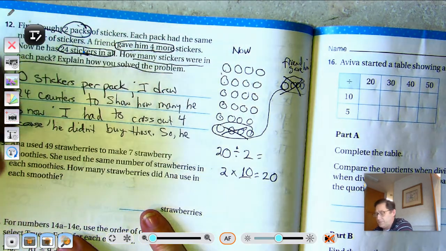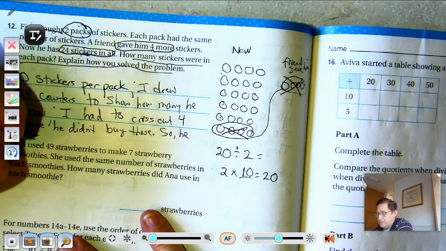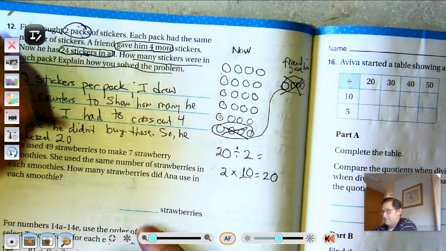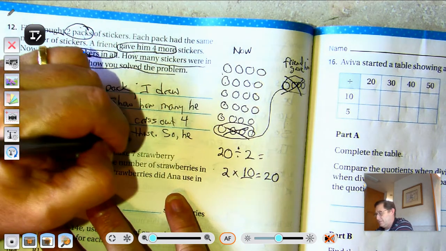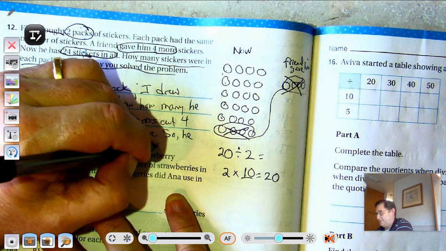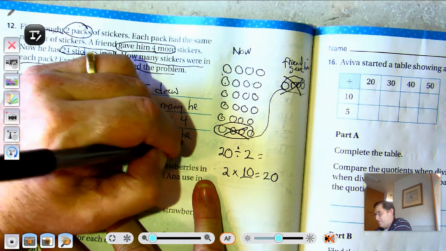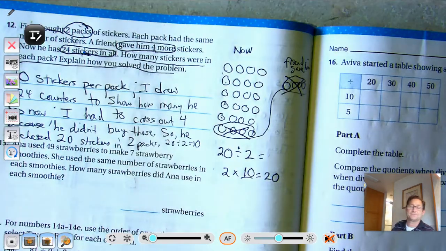So he purchased 20 stickers in 2 packs. 20 divided by 2 equals 10.